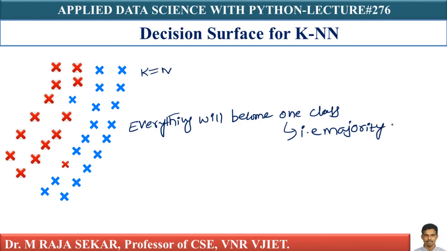According to majority voting, all query points will get that majority class label. What is the majority class? A class which has more points.